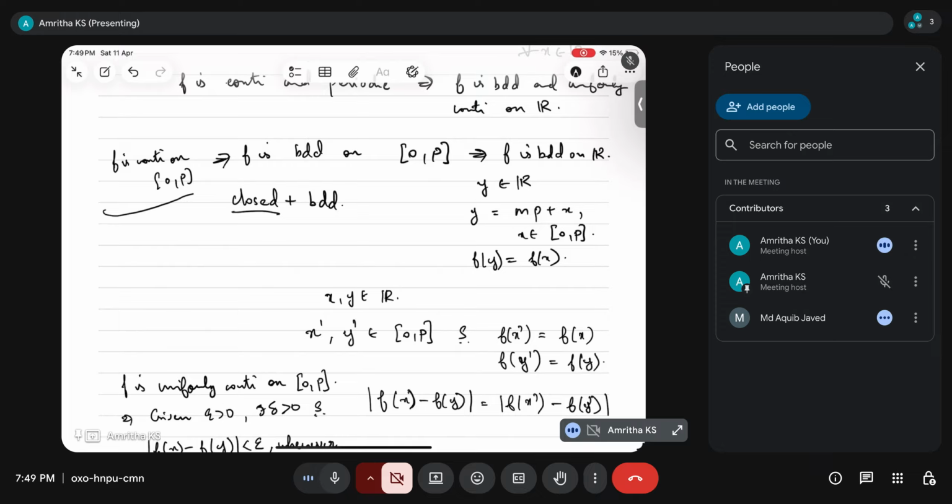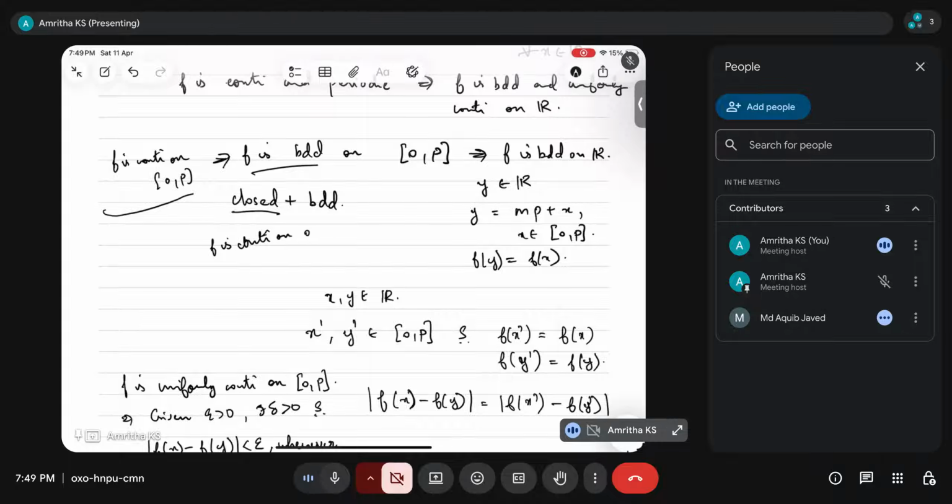Can you drop closedness and still get f bounded? So you mean if f is continuous on an open bounded interval?